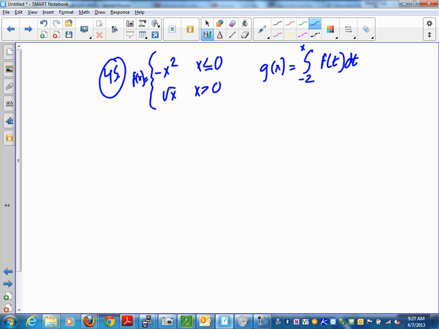Well, let's split this up. It's going to go up in two separate places, okay? You know it always has to start off at negative 2, right? Well, this gives us a hint right here. And 0 is where the piecewise splits up. So let's split it up in two spots.